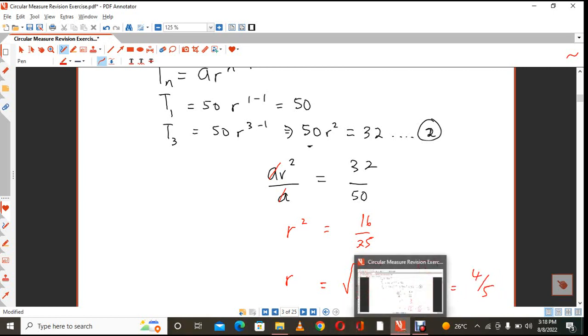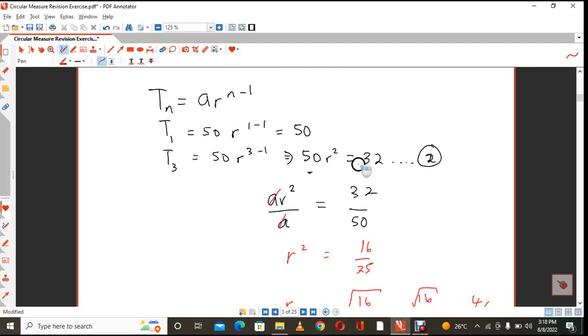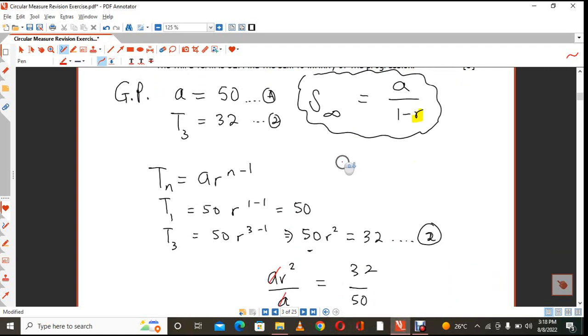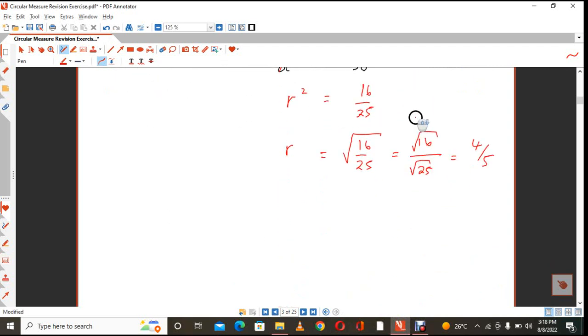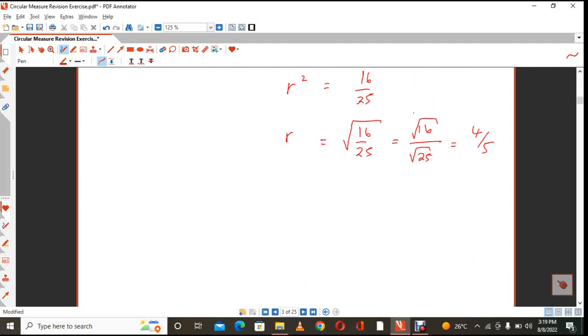Now we know the value of R, so we can find the sum to infinity. The sum to infinity will be A, which is 50, over 1 minus 4/5. This answer will be 250 if you multiply it out.